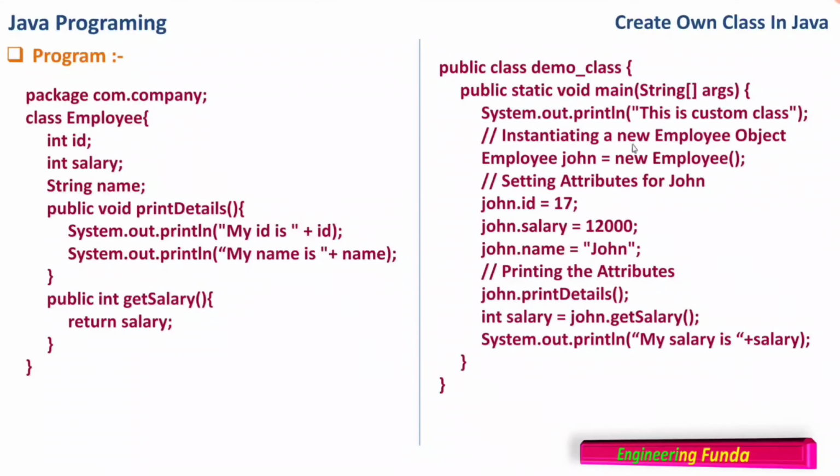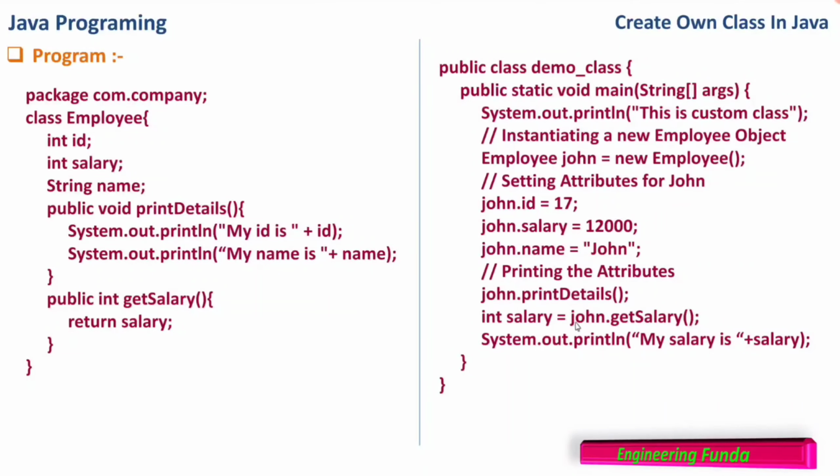Let's say for example there is a second object, Employee harry equals new Employee, and if I write harry.printDetails, it will print the details of only the values associated with the object harry. It will not have any impact on the object john.